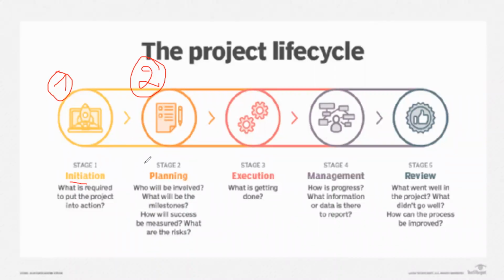This planning phase might include who are the persons that will be involved, what the milestones will be, how success will be measured, and what the risks are. So how am I going to measure that this project was successful? How am I going to measure that I have reached a successful phase in this project? This is also to be discussed. And what are the risks that we might face in such a project? So this is stage number 2, the planning.